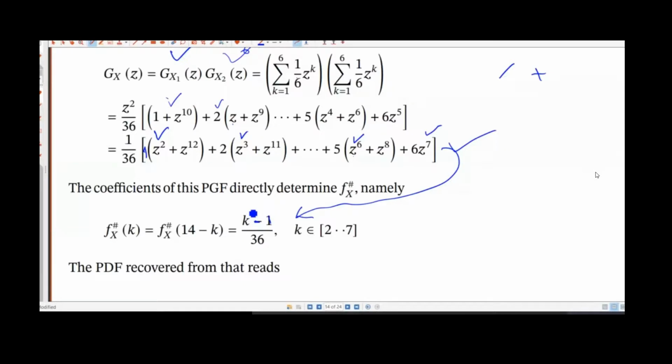This is basically the exponent and this is the difference.